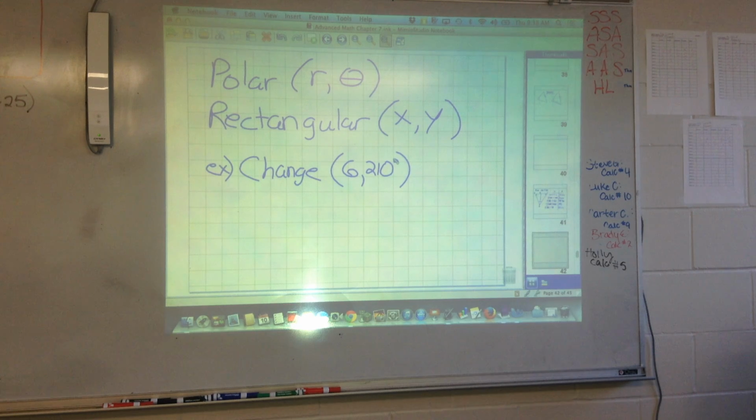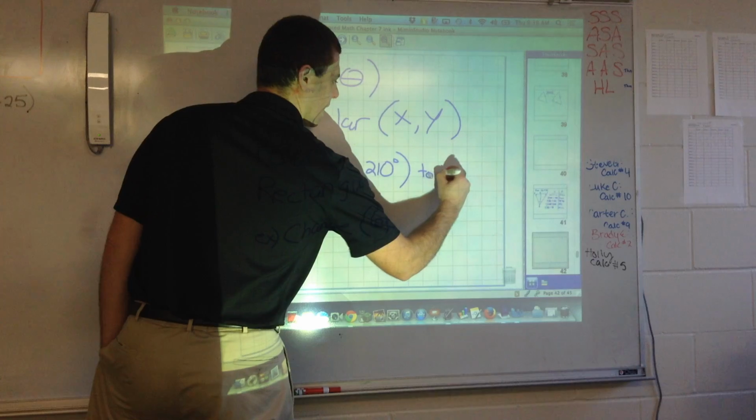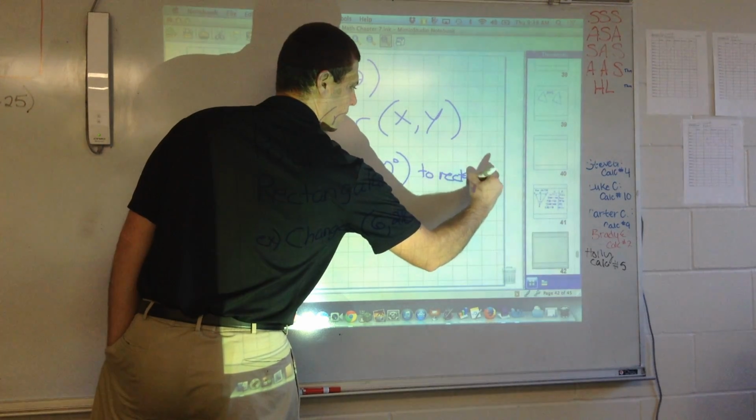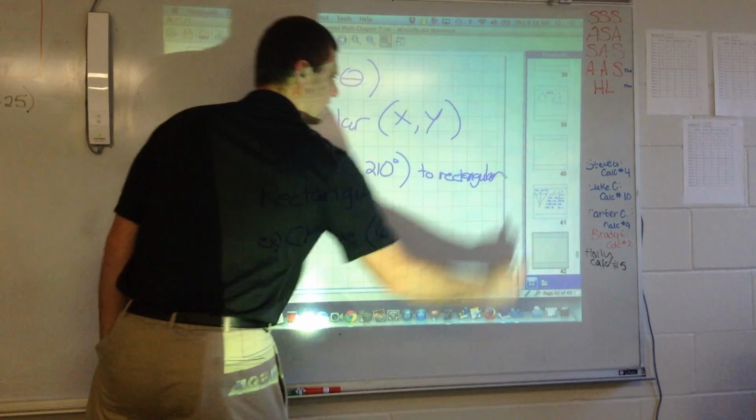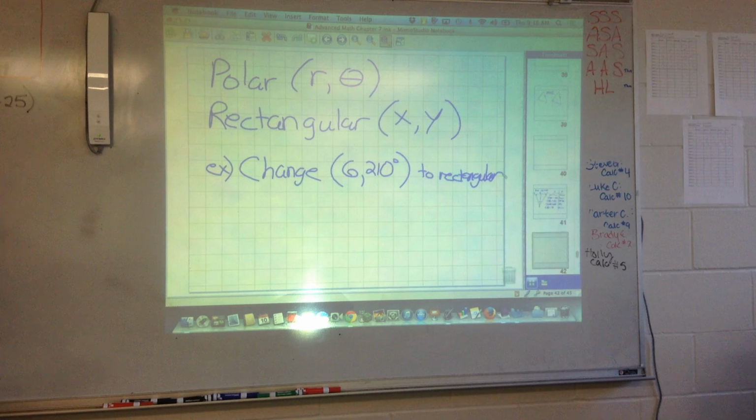Okay, and that is an R and a theta, and we're going to change it to rectangular. Anybody visually see how to do it already? Draw it out. Yep. So what do you think I'm going to draw?